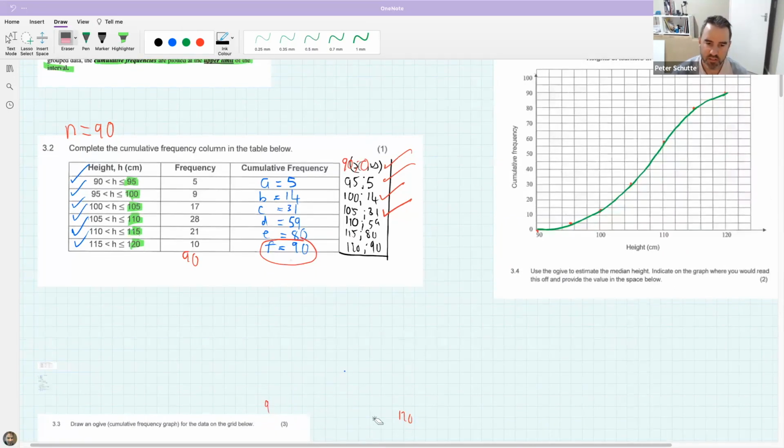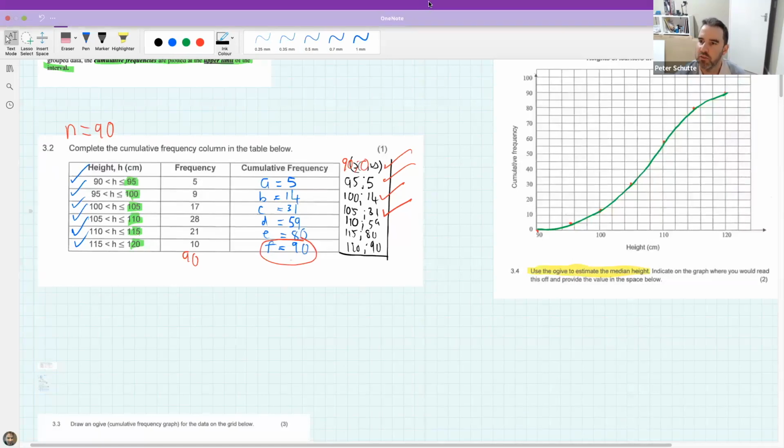Now, one of the things that we said an ogive was good for was estimating the median. And that's actually what this exam question wants you to do. How do you estimate the median? Now, when we're normally finding the median, what do we do first? What's the very first thing that we do? We find its position.